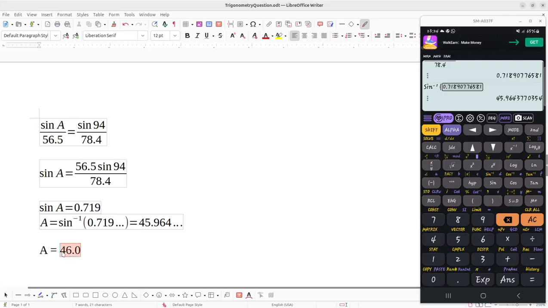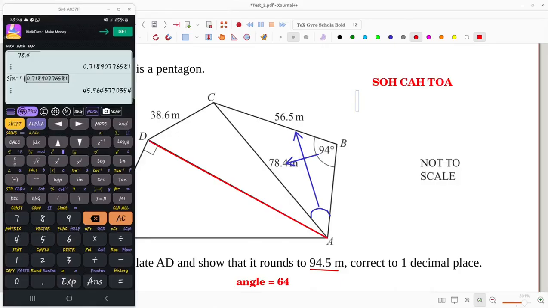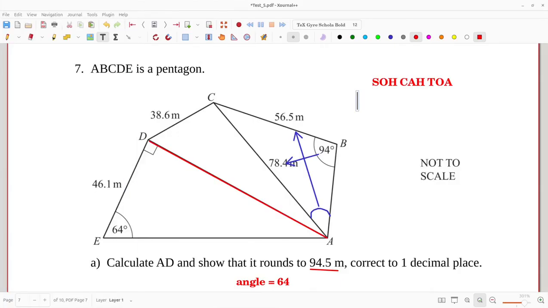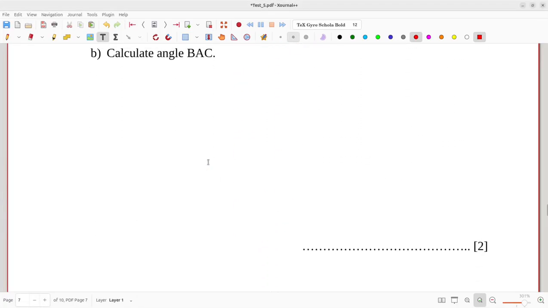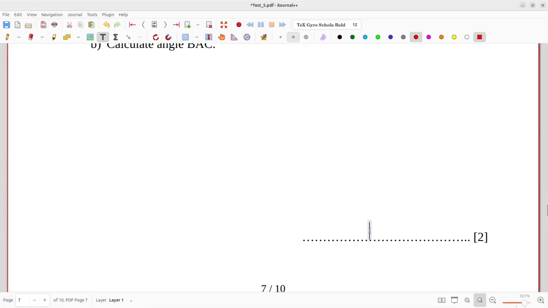Now let's write the solution for this angle. It's just 46.0.